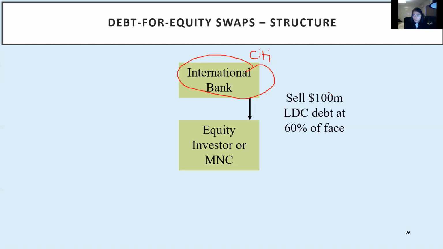So for Citicorp, they have to discount their Mexican loan by 40%. But in exchange, they recoup 60% of their investment in USD. So the benefit is that they get to recoup $60 million for their $100 million loan.